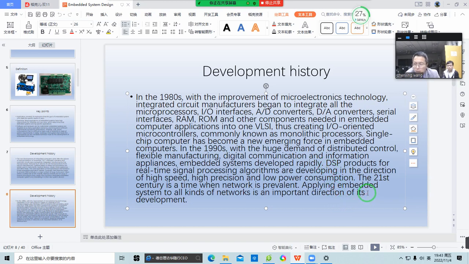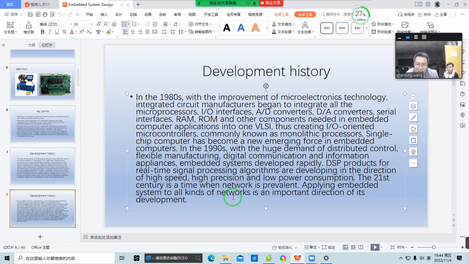In the 21st century, the network emerged. Later, embedded systems were combined with network functions. In the first period of this century, some RJ45 sockets were installed on the PCB board.